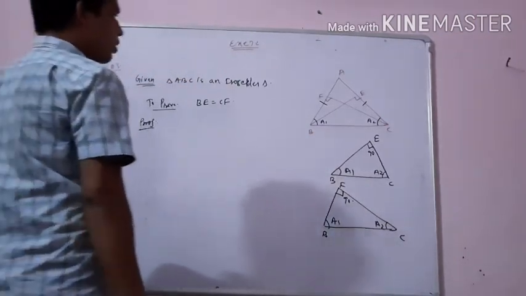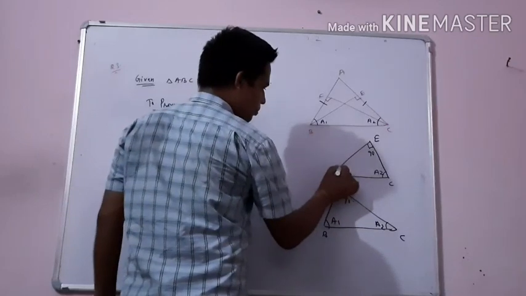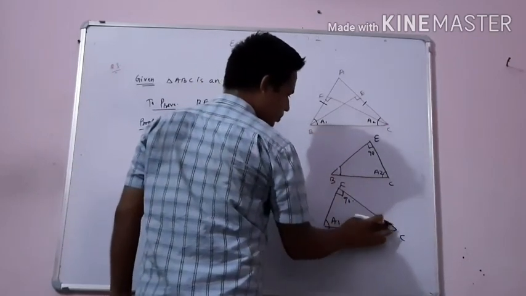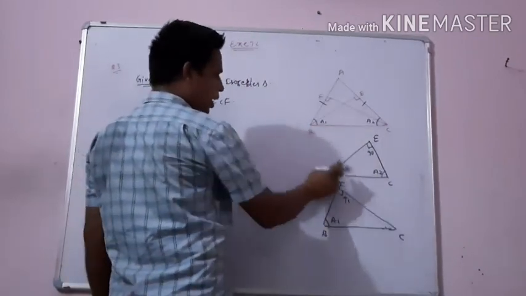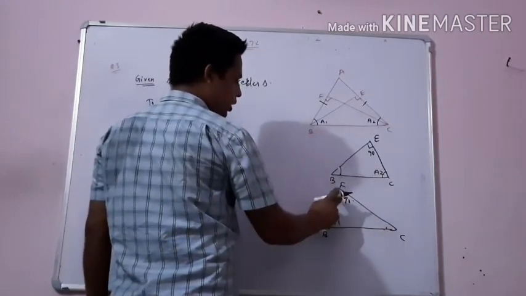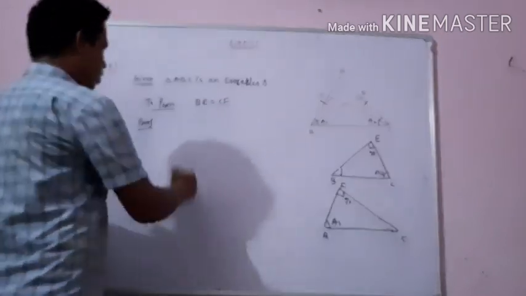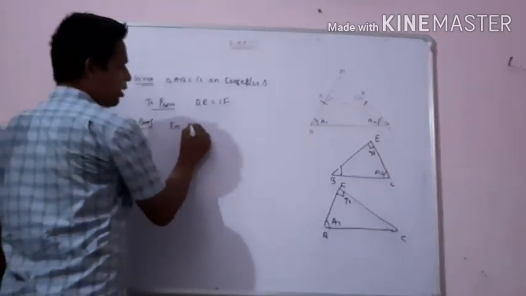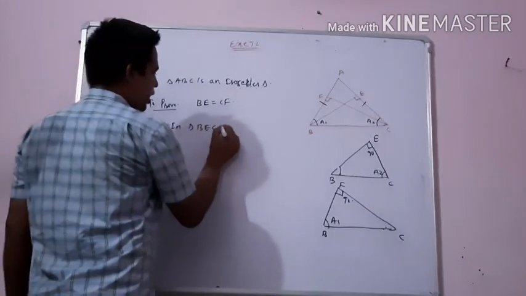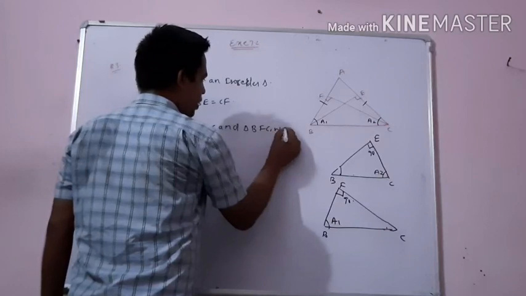What will we have common? BC, and A1 will be equal to A2, and 90 degrees, angle E equals angle F. So in triangle BEC and triangle BFC, what do we have?